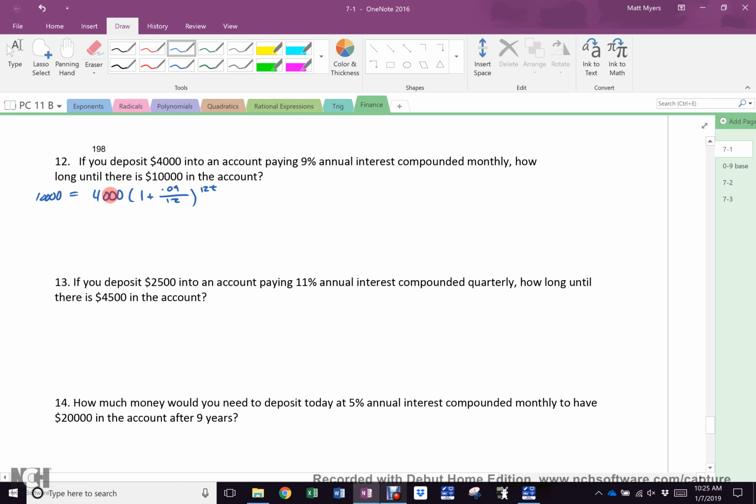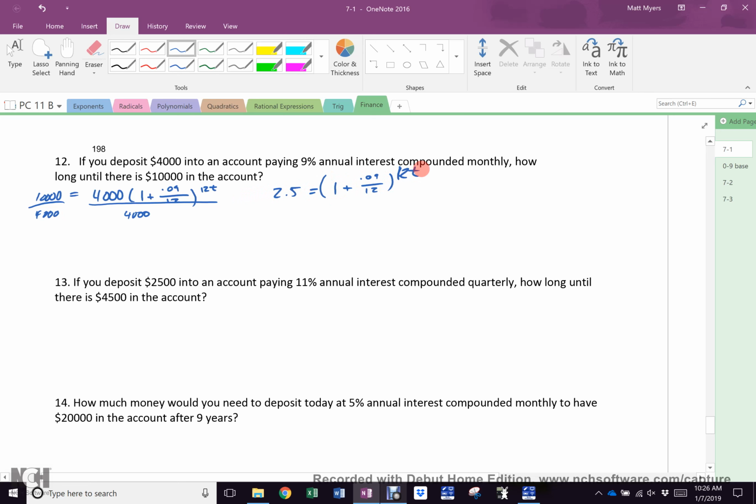So how will I get rid of the 4,000? I will divide by 4,000 to get rid of the 4,000, right? So I'm going to divide that by 4,000, then I'm going to divide that by 4,000, and I'm going to get 2.5 equals (1 plus 0.09 over 12) all to the 12t, right?